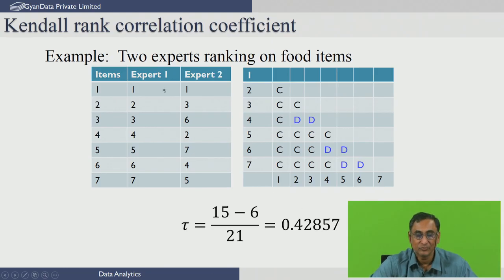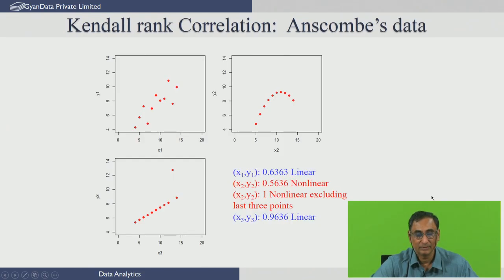Again, this can be used for ordinal variables, because it can work with ranked values, as we have seen in this example. If we apply Kendall's rank to the Anscombe data set, we find that although the value has decreased for this linear case as compared to the Pearson and Spearman's correlation coefficient, it still has a reasonably high value.